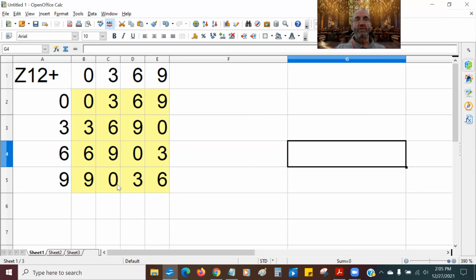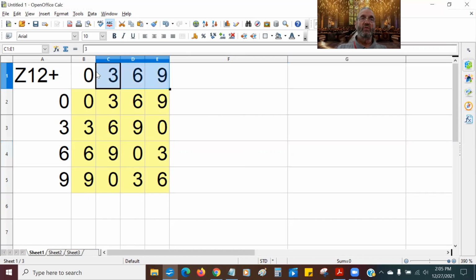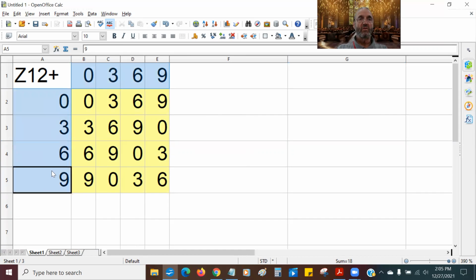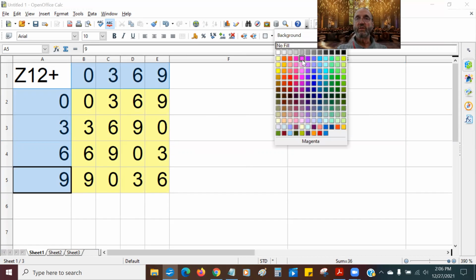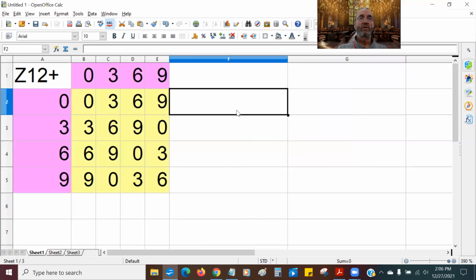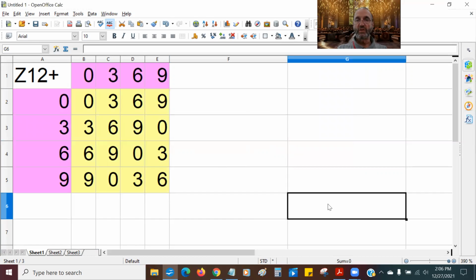The inverse of 9 is 3. The inverse of 6 is 6, and the inverse of 3 is 9. Every element has an inverse, and we're good to go. Let's just wrap this up.